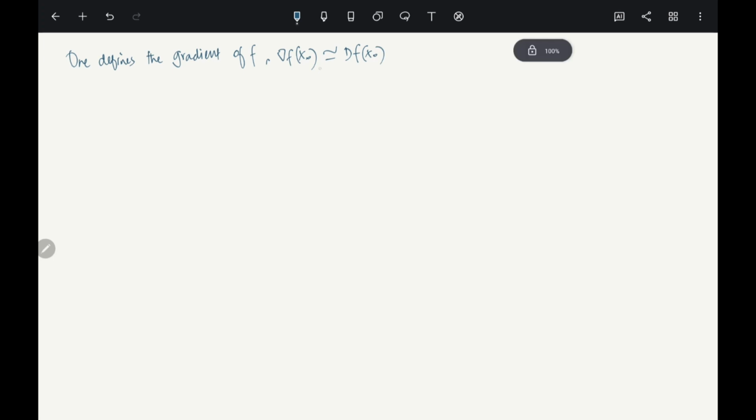Clear? The gradient is a function, and the gradient of f at the point x naught we identify as d1 f(x naught), up to dn f(x naught). So basically this will be a vector in Rn.